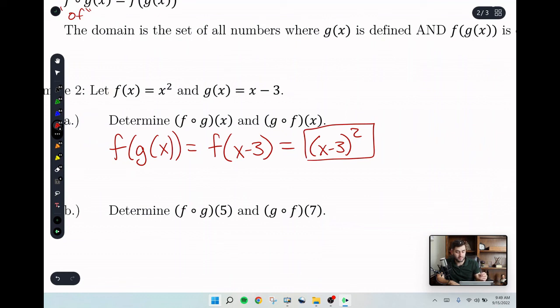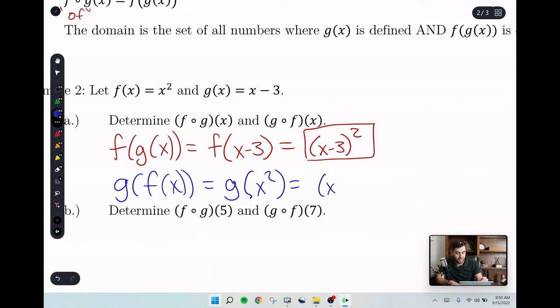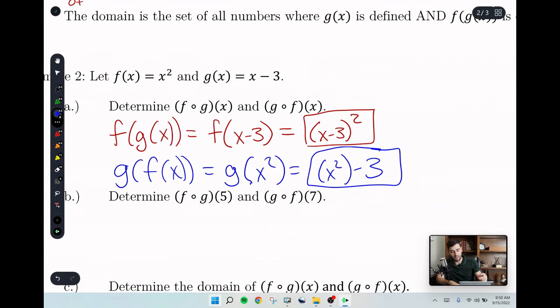Not too crazy. What about g of f? g of f of x equals g of x squared equals x squared minus 3. And we just plugged in one at a time up the chain. And then we could plug a number in, check it out, and see what happens.